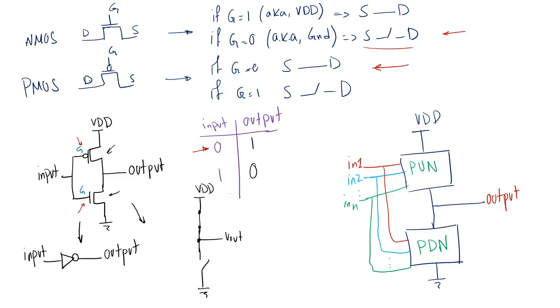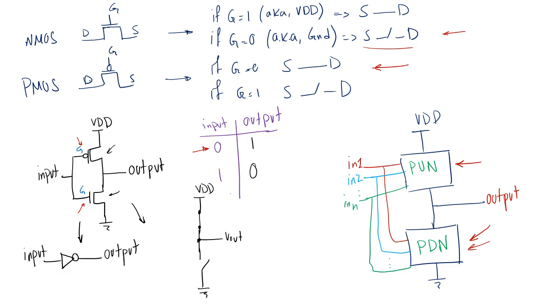So there should be a certain circuit that whenever we need the output to be 0, it connects the output to ground. And there should be another circuit that whenever we need the output to be 1, it connects the output to VDD. We call the VDD connection circuit the pull up network, and we call the ground connection circuit the pull down network.